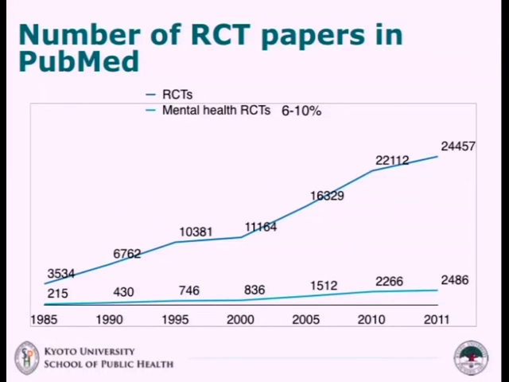We saw that the best evidence for treatment may come from RCTs. The number of RCT papers in PubMed has also been increasing, nearing 25,000 per year for all fields of medicine altogether, and more than about 2,000 per year for mental health.